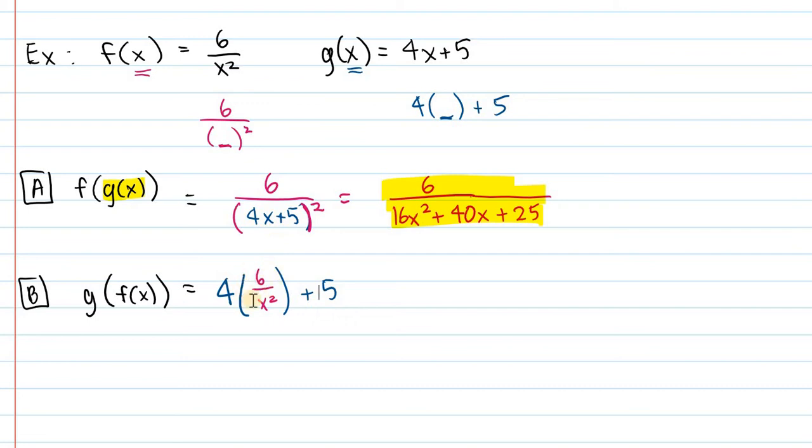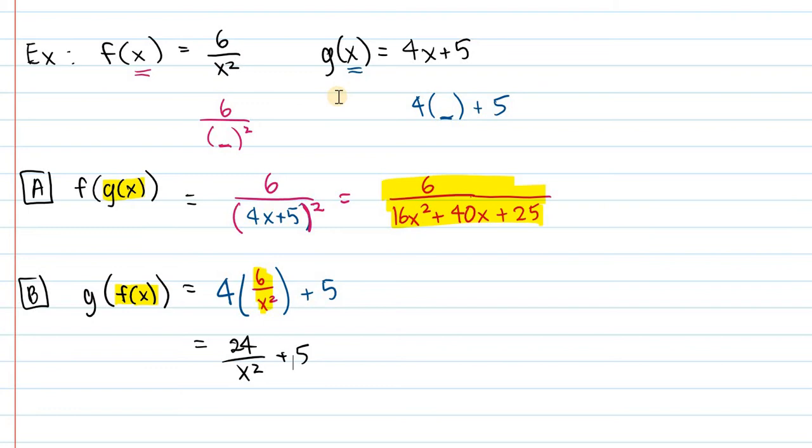So all we did is wherever there was an x, we replaced that x with the f of x function. Cool? And again, here we would multiply this out, we would expand it, and you would get 24 over x squared plus 5. Okay? Notice, those are different. So the order in which you do composition matters, so pay attention to that.